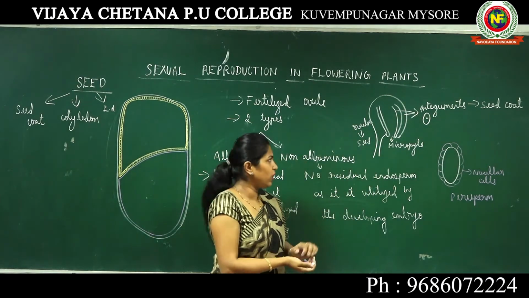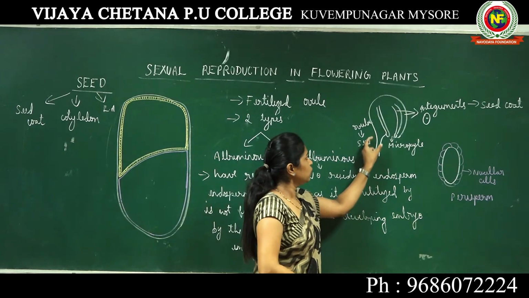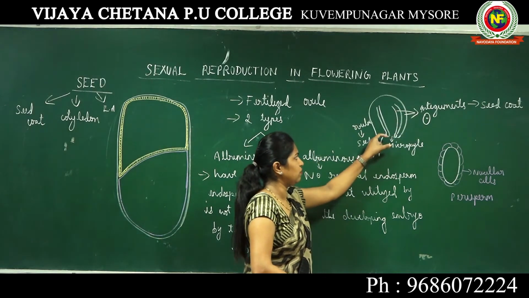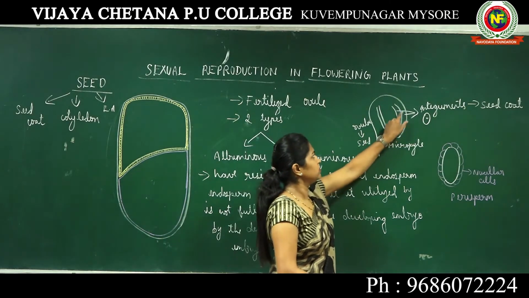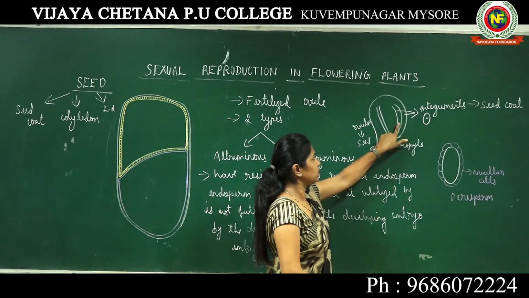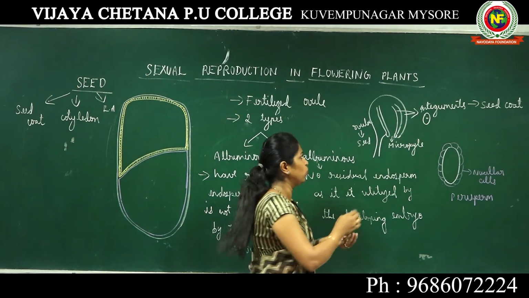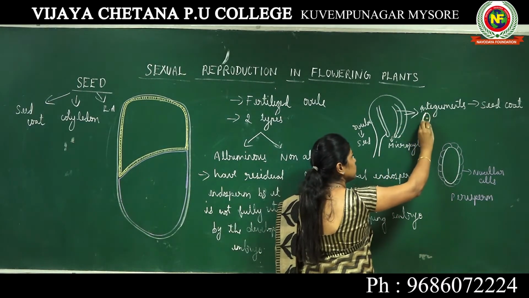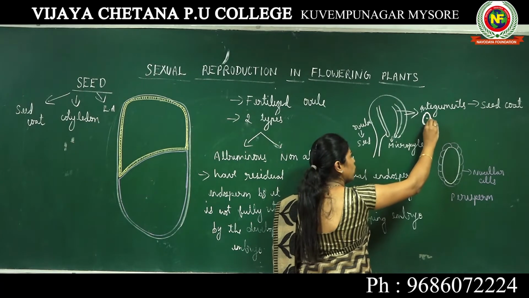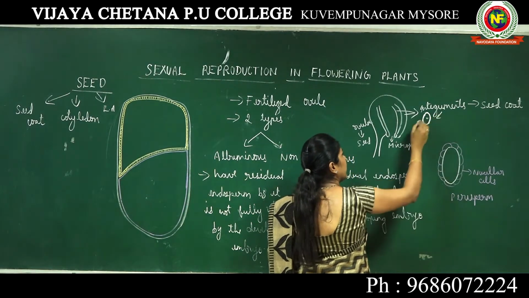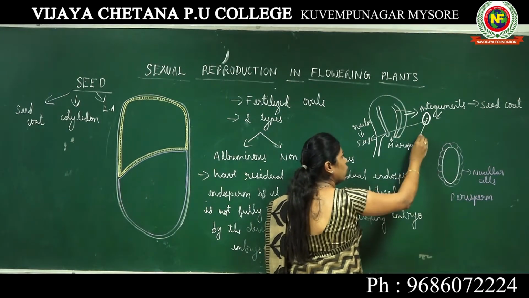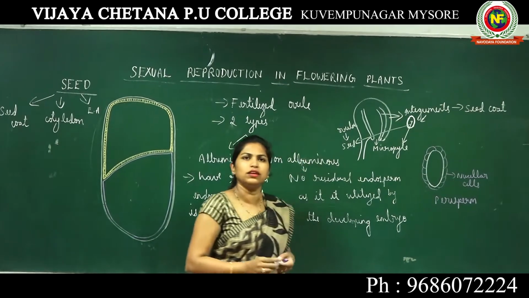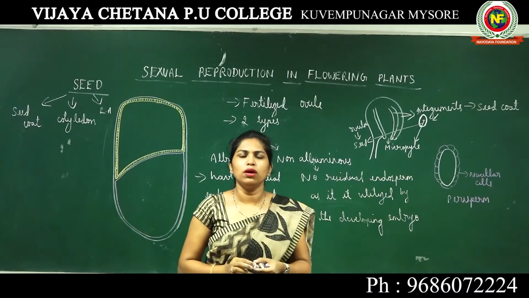Imagine the whole ovule is developing into a seed. These outer layers, known as integuments, form the seed coat. So this is the seed coat formed from integument, and the whole seed is formed from the ovule, and the small pore which you find in the seed coat is the micropyle.